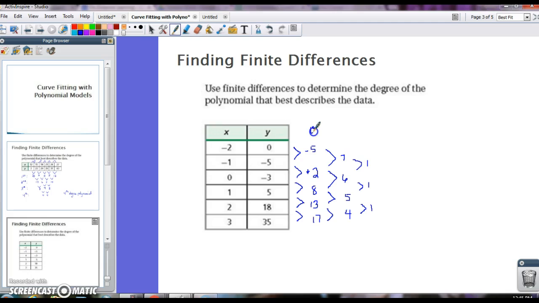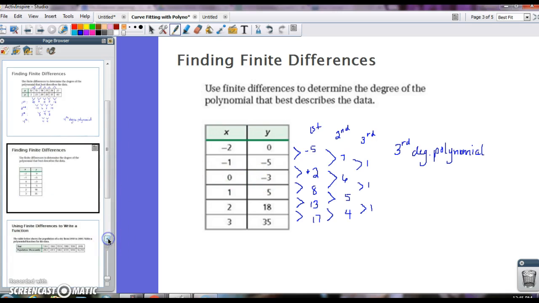This was my first difference, this was my second, and this was my third, and so this is a third degree polynomial. So pretty straightforward with that part of it.